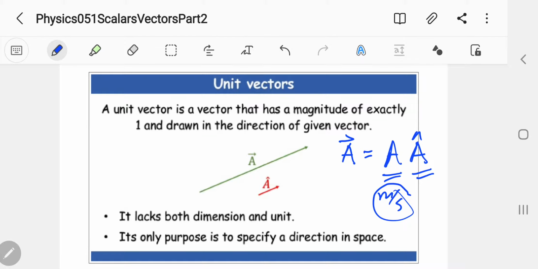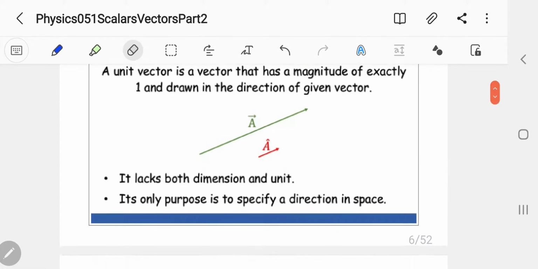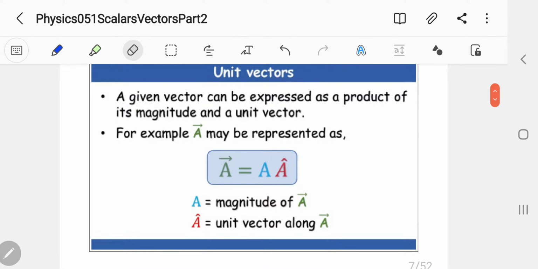The only purpose of the unit vector is to specify a direction in space. So let's go further. A here is the magnitude, and A hat is the unit vector along A. So they have the same direction.